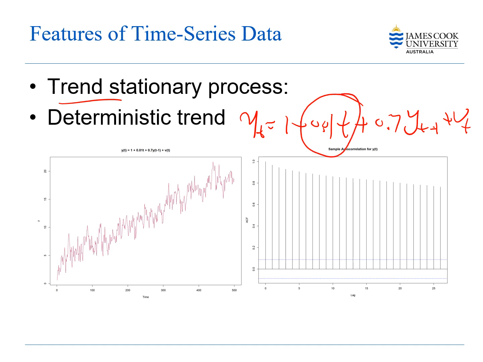Despite this component being stationary, we can still see that the sample autocorrelation is very, very persistent, and there's an increasing time trend. So this process is not stationary, but it is trend stationary. If we remove the time trend, we can obtain a stationary process.